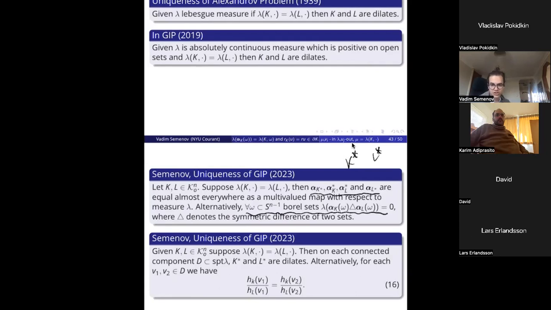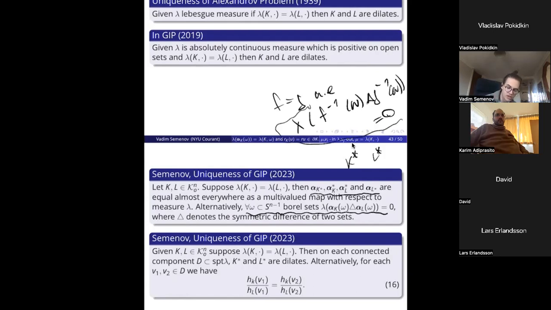Basically this is just a generalization of the original notion, as if you have standard maps, then you can show that F equals G almost everywhere if and only if lambda of F minus 1 of omega and G minus 1 of omega is equal to 0. So if F and G are no longer maps but are multivalued maps, you can just take the same notion for those. So I show that they are equal almost everywhere.